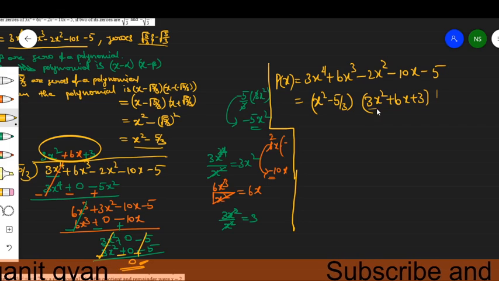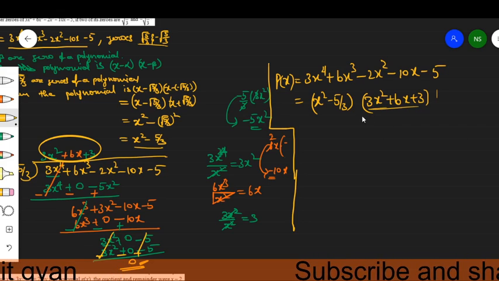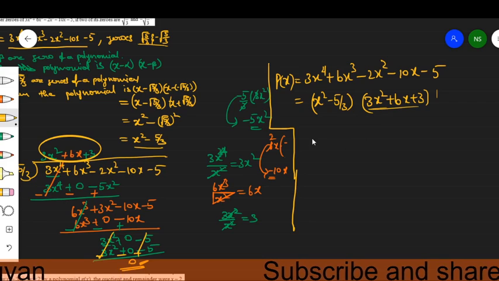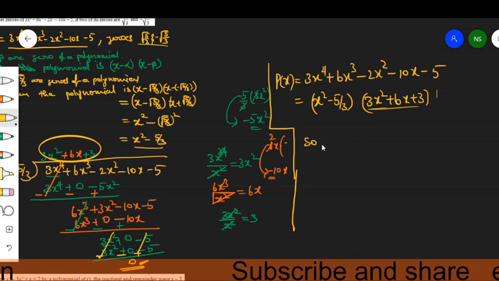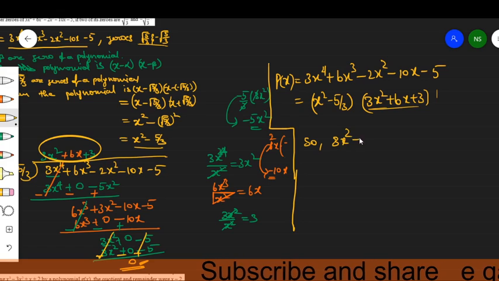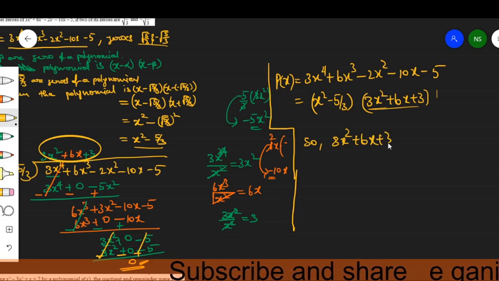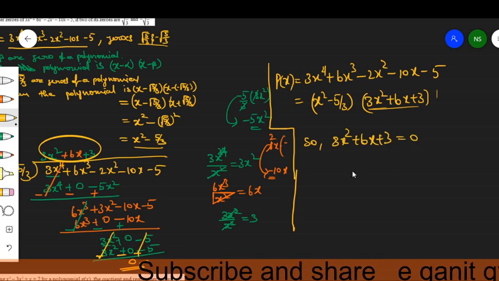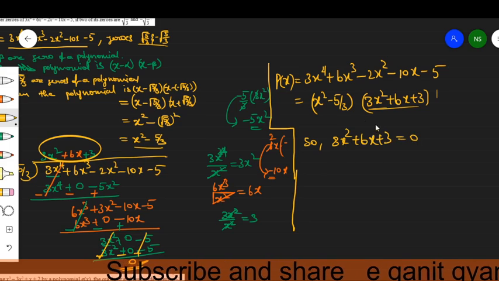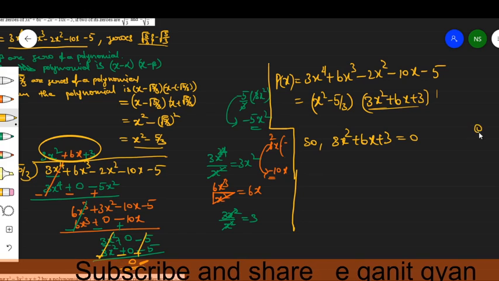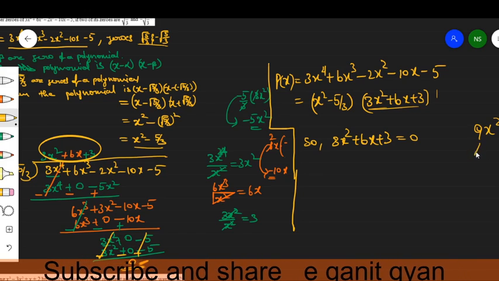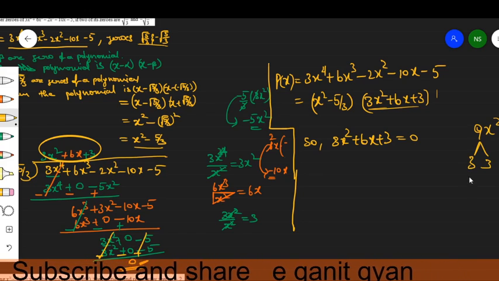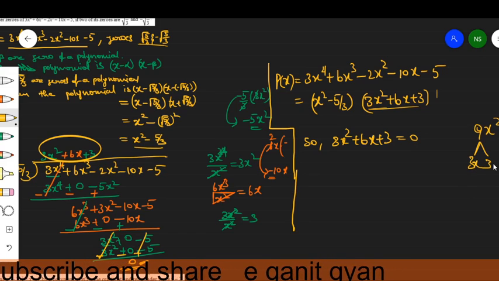Now we need to factorize this quadratic polynomial. So I take 3x² + 6x + 3 equals 0. If I multiply the first and last terms, I will get 9x². I can write this as 3x and 3x.